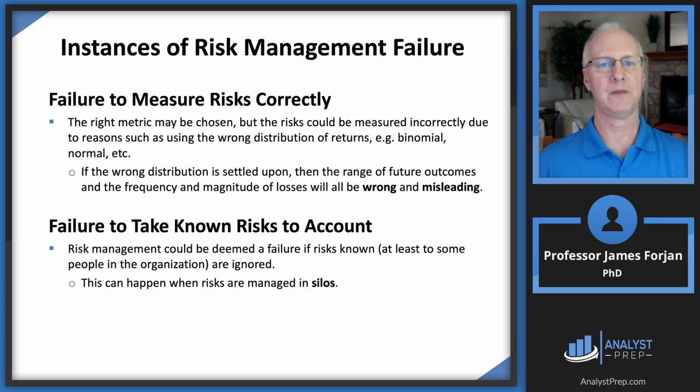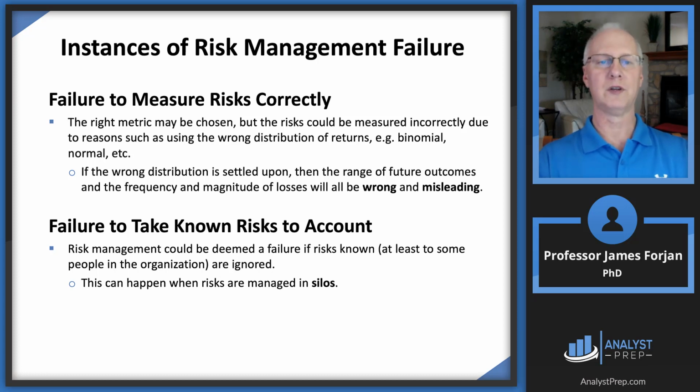How about failure to measure risks correctly? Oh my gosh. So here's this discussion I had just a few moments ago about assuming an incorrect distribution of returns. Do we think it's normal? Do we think it's skewed? Do we think it's binomial? Do we think it's something else? Notice my first circle point there.